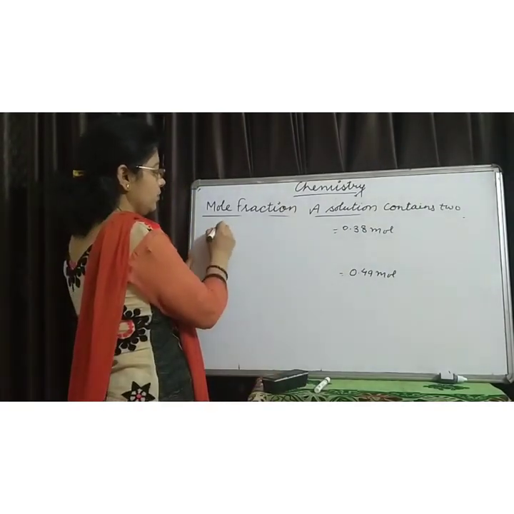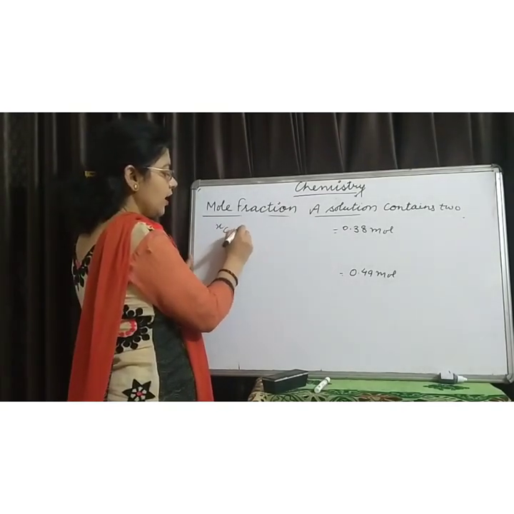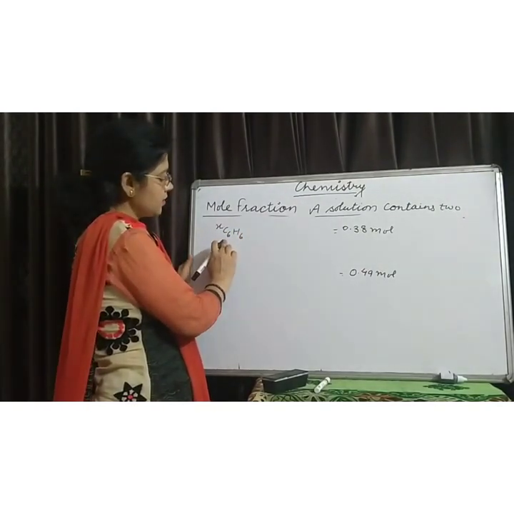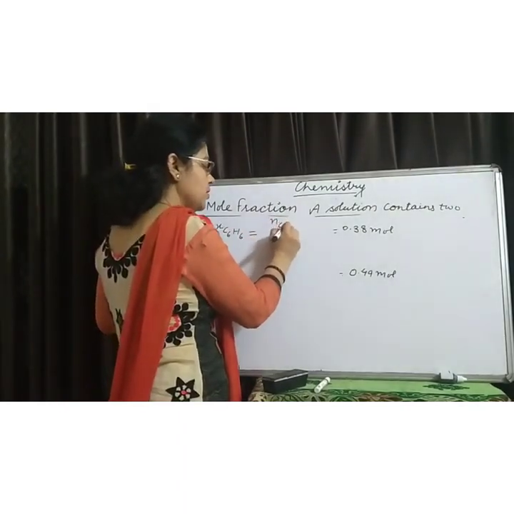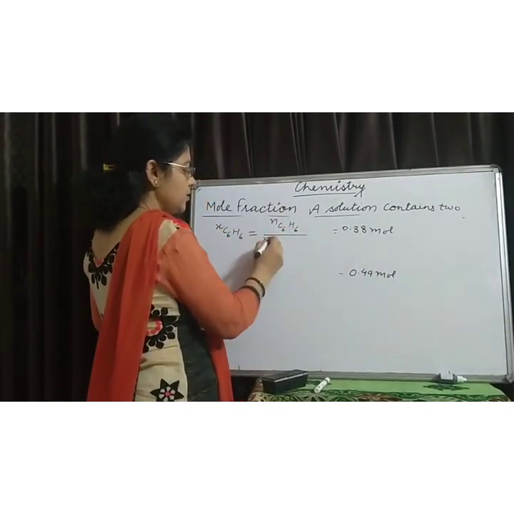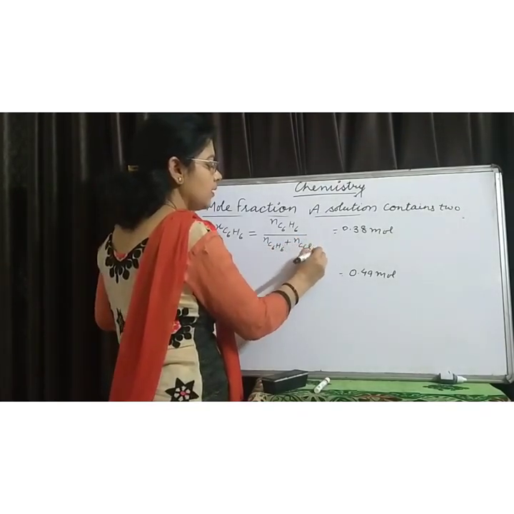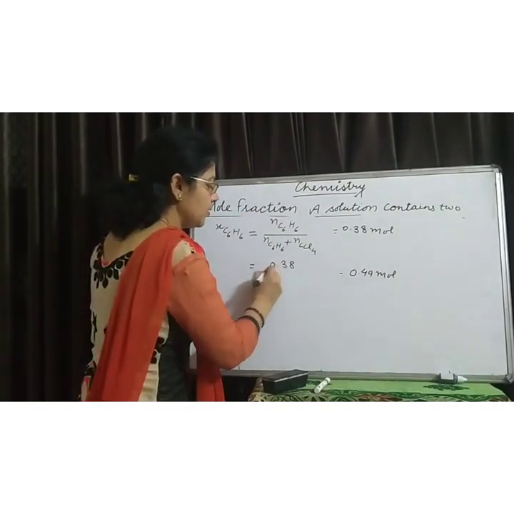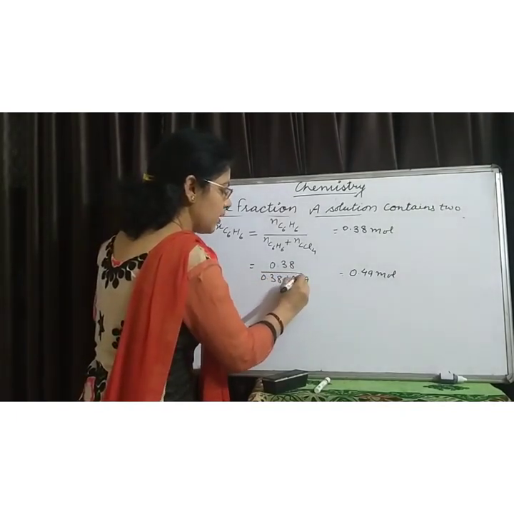For the mole fraction of benzene, we have the formula. Mole fraction is represented by X, and as we have to find the mole fraction of benzene, I write here the molecular formula of benzene, C6H6, and it is equal to the number of moles of benzene divided by the total number of moles, that is the number of moles of benzene plus the number of moles of carbon tetrachloride, which is 0.38 divided by 0.38 plus 0.49.